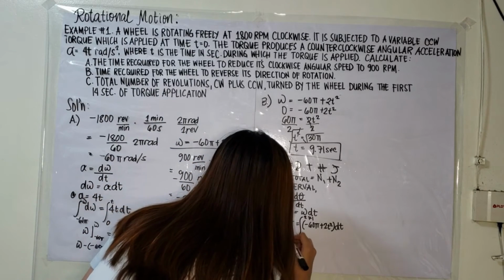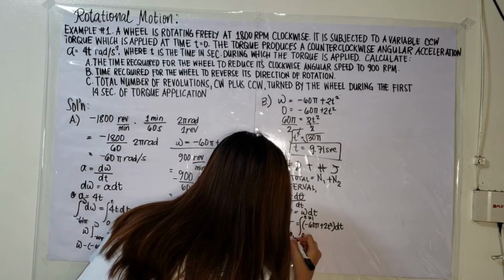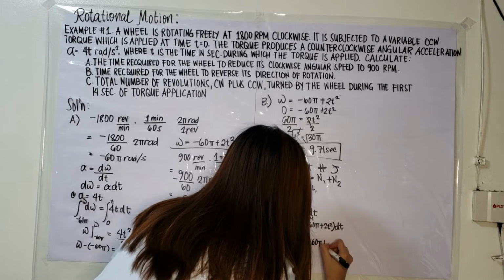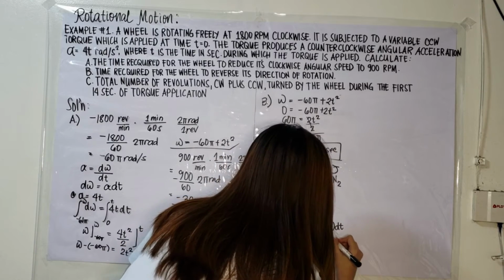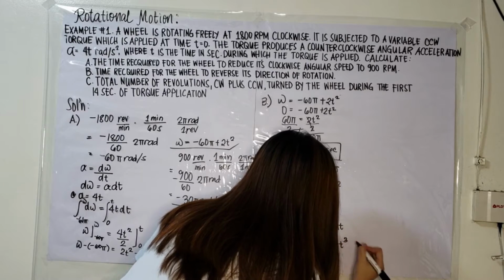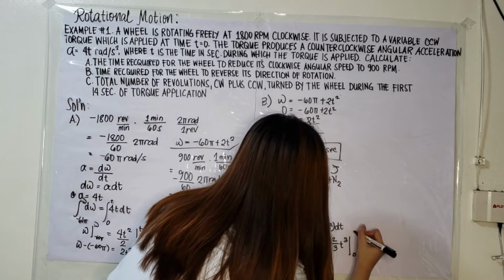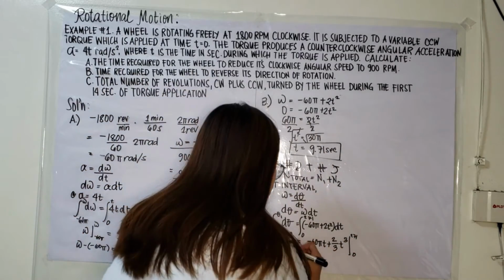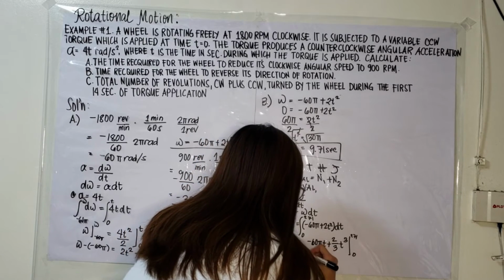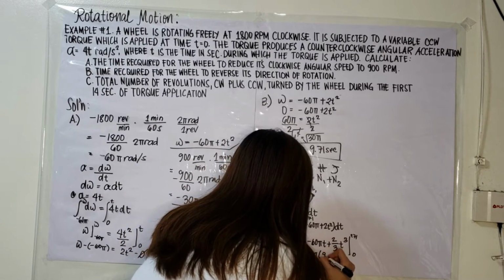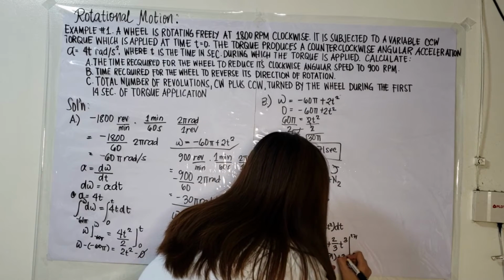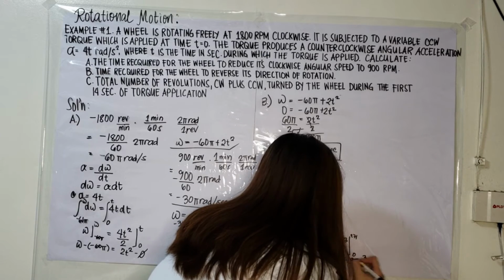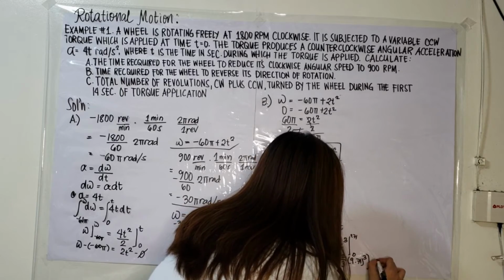So we have theta from 0 to theta 1 is equal to negative 60 pi t plus 2/3 t raised to 3, from 0 to 9.71. Adding in our limits, we will have theta 1 is equal to negative 60 pi multiplied by 9.71 plus 2/3 multiplied by 9.71 raised to 3, minus 0.